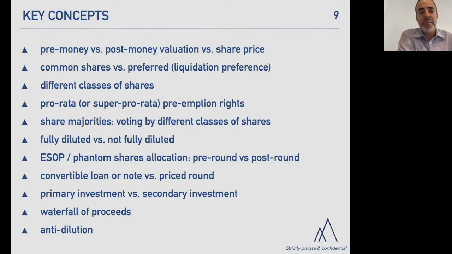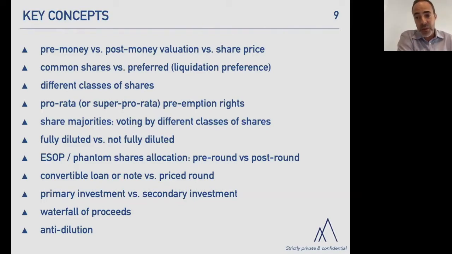So basically, if you use the pre-money to calculate the share price, you take the pre-money valuation and you divide it by the number of shares before the capital increase. Then you take the share price and calculate the same share price using the post-money valuation. What would you do? You take the post-money valuation and you divide it by the total shares after the money comes in.